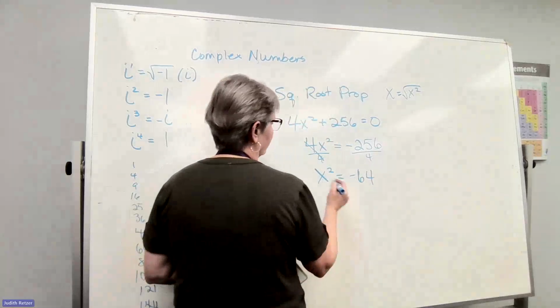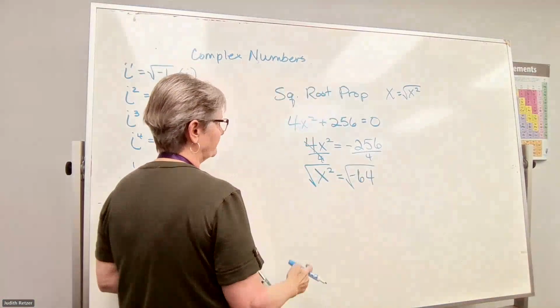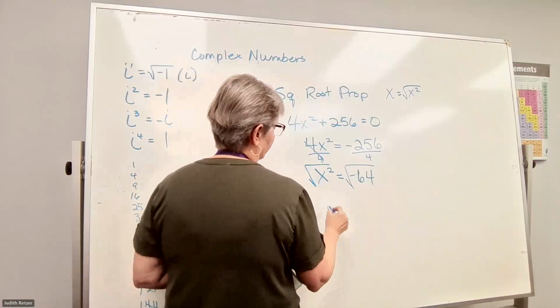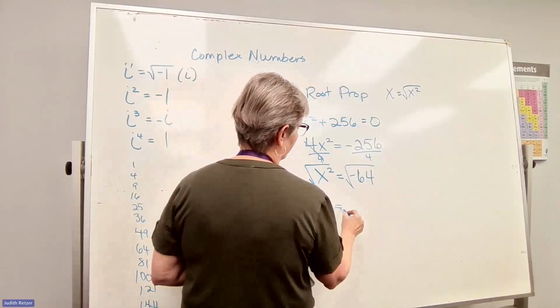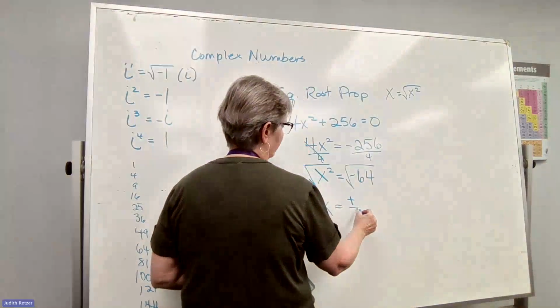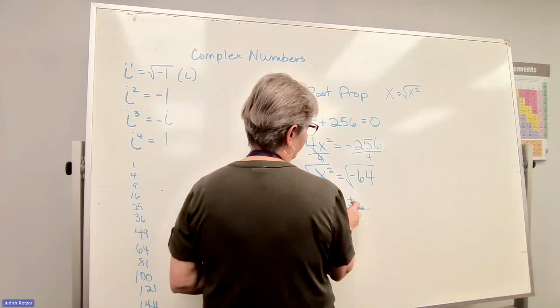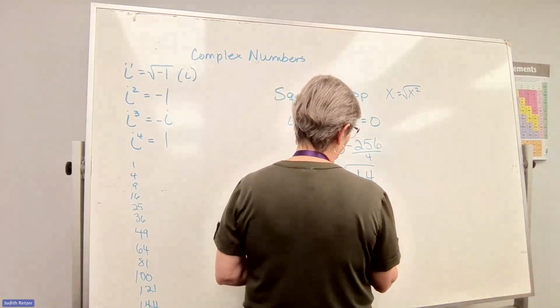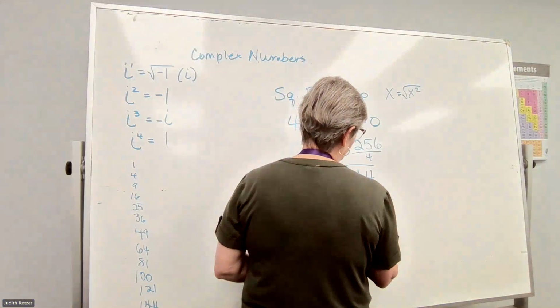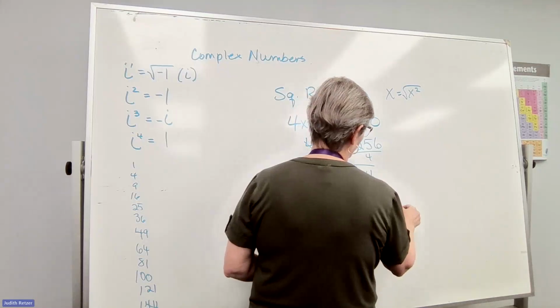All right? So take the square root, and so x is equal to plus or minus, right? We're going to give not just the principal square root, but also both square roots of what? The square root of -1 times the square root of 64.